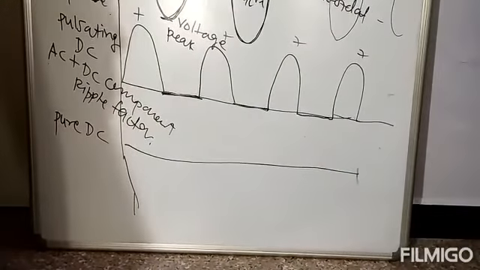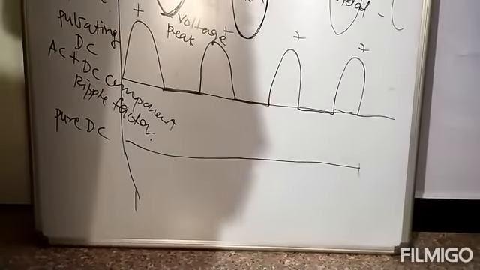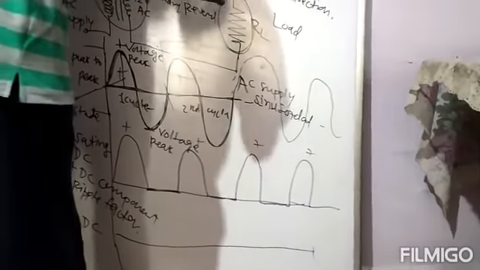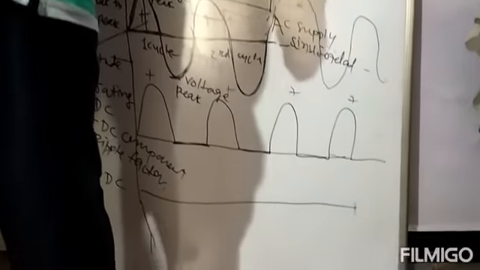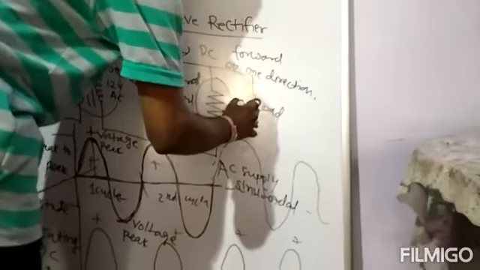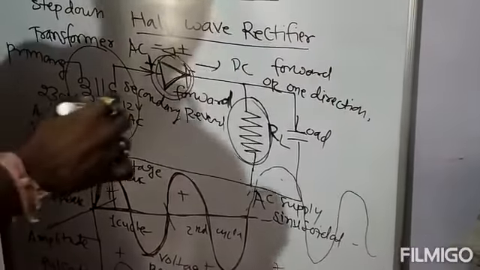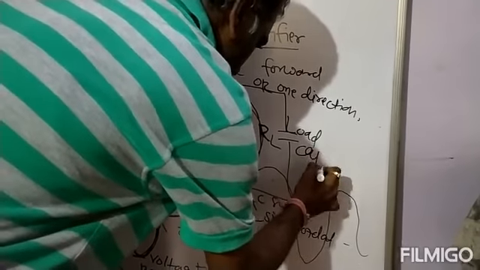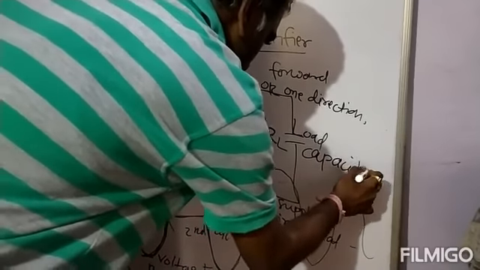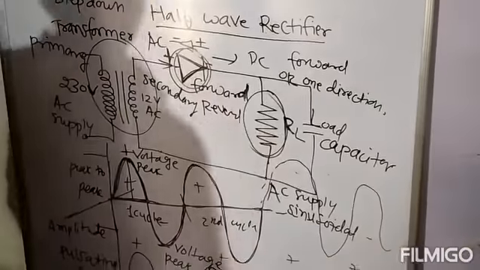Now, how to get a pure DC supply? Whenever we connect a filter circuit, whenever we connect a capacitor here.